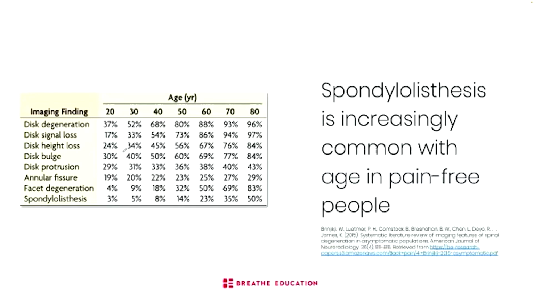They looked at a whole bunch of different imaging findings, disc degeneration, disc bulge, etc. But what they found was spondylolisthesis is pretty uncommon in pain-free 20-year-olds, but increasingly common, so that 50% of pain-free 80-year-olds have a spondylolisthesis. So it increases fairly significantly with age in pain-free people, which seems to suggest that it is a relatively normal aspect of the aging process.